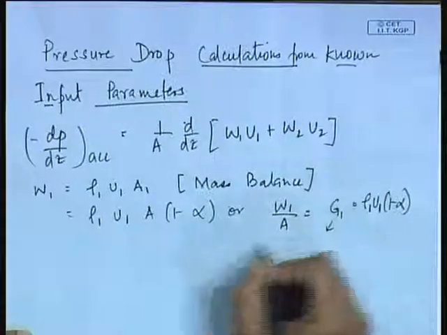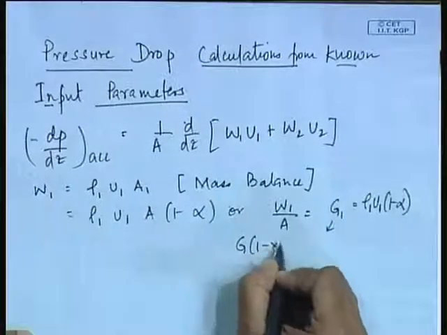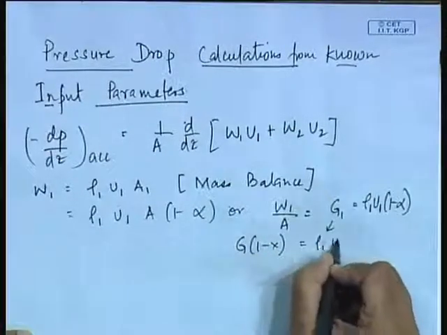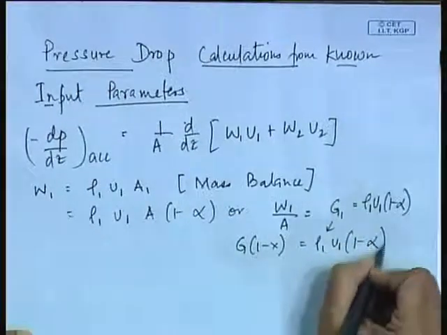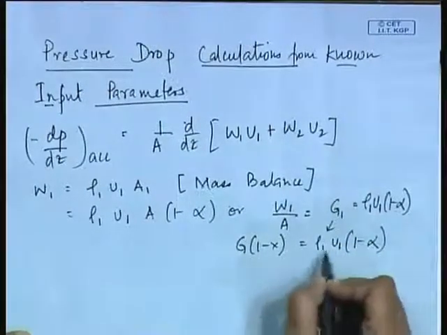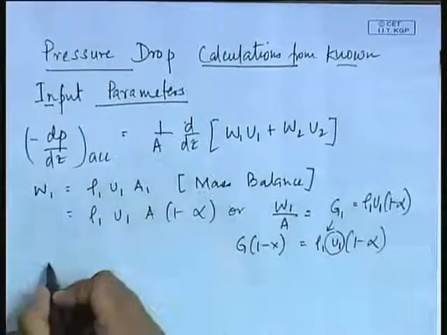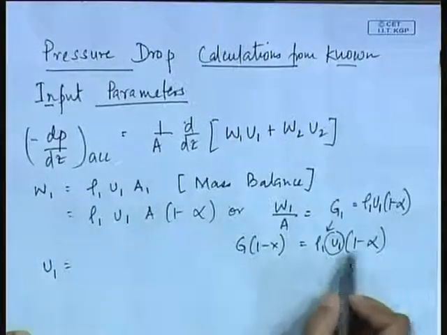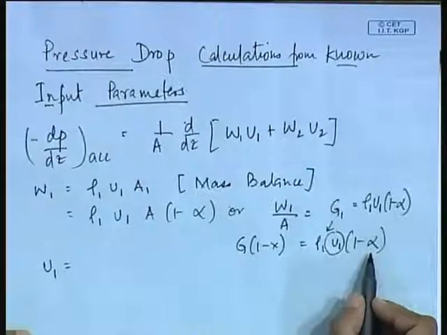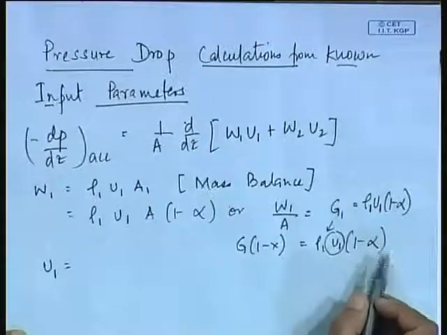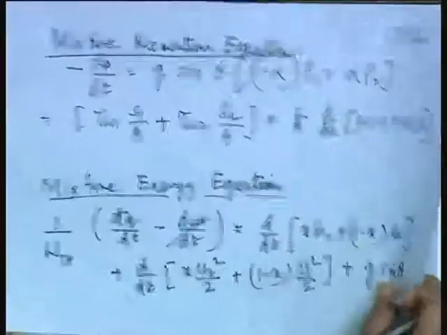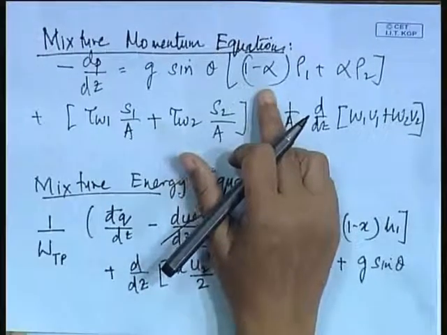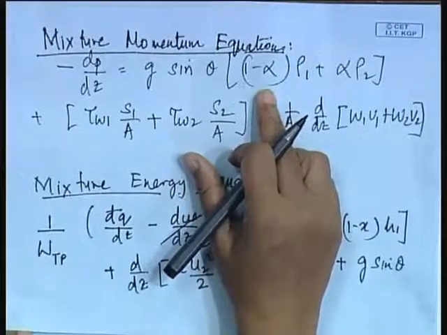This G1, this is nothing but G into 1 minus x, which is equal to rho 1 u1 into 1 minus alpha. So, from here we can find u1 in terms of measurable properties or in terms of alpha. Alpha, see, already you have this alpha variable in your mixture momentum equation. So, if you can reduce the number of variables, that is our target, isn't it?